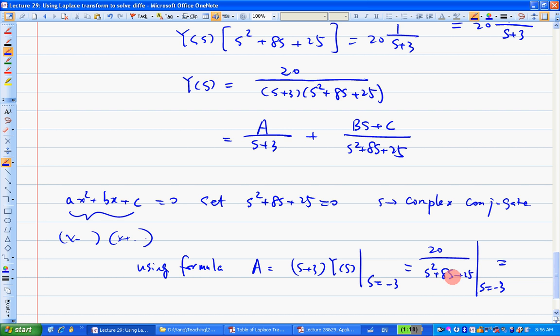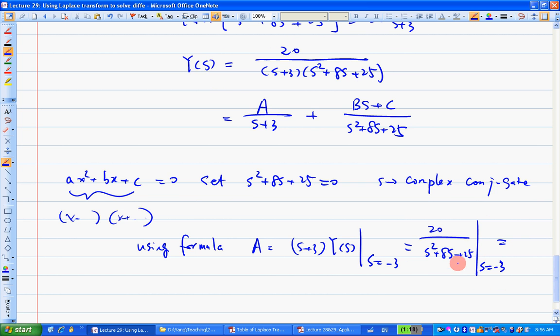So overall 20 over 7. Is that right? No. So bottom here is 9 minus 24 plus 25. Actually 10, right? So 20 over 10, which is 2. So A is supposed to be 2.